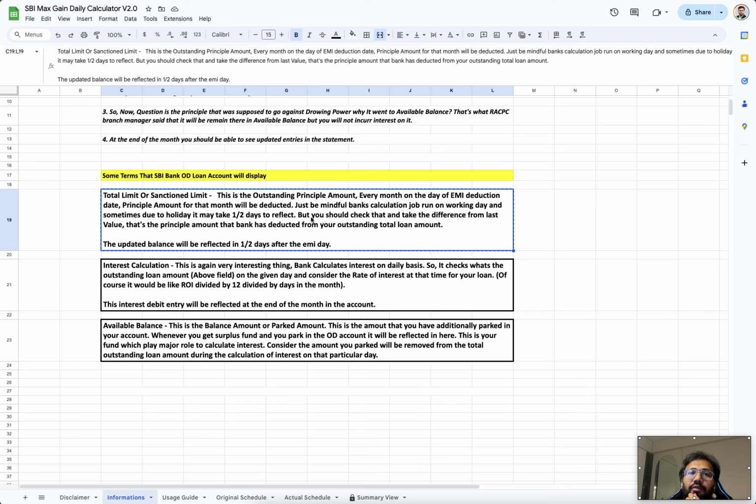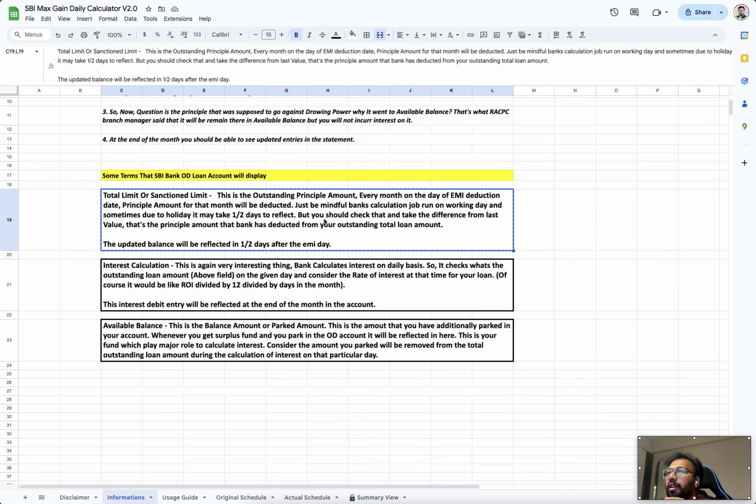The only thing that I personally observed is that the principal will be deducted as per the calculation on the same day, but it will reflect 1 or 2 days later, after the SBI technical job runs and finishes. So it may take 1 or 2 days to get reflected.